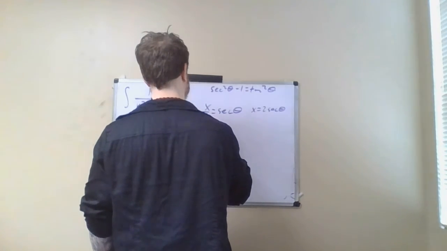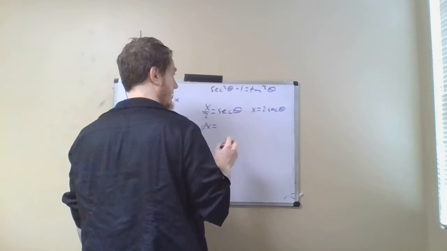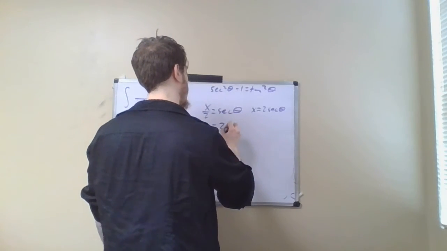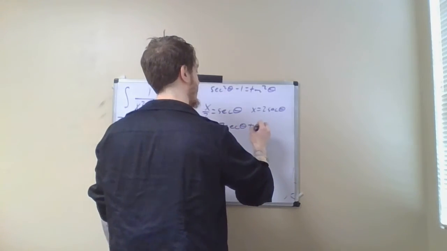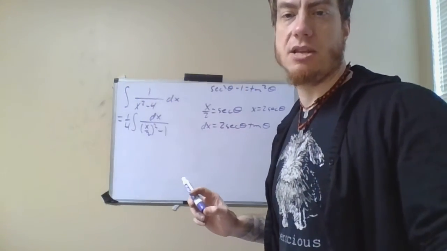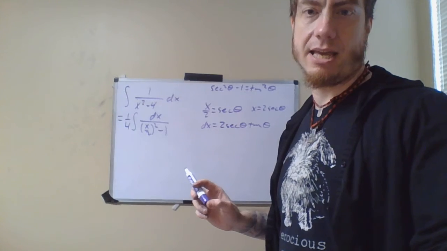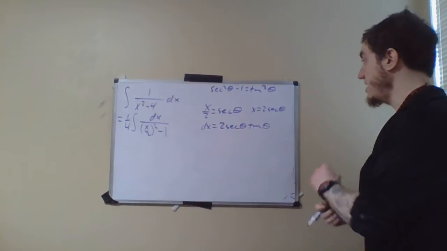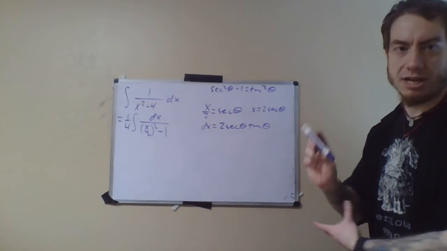And this means that dx is going to be equal to 2 secant theta tangent theta, if I'm not mistaken here, right? Because the derivative of secant is tangent times secant, or secant times tangent, as I've written it here.